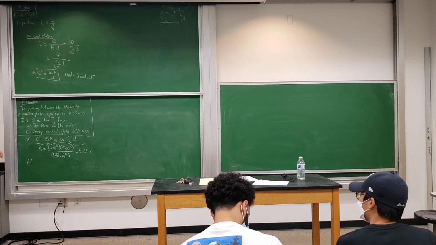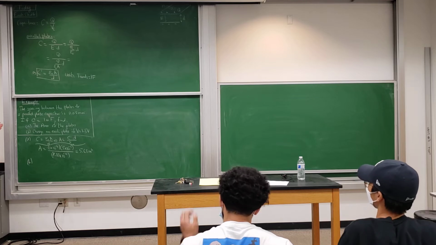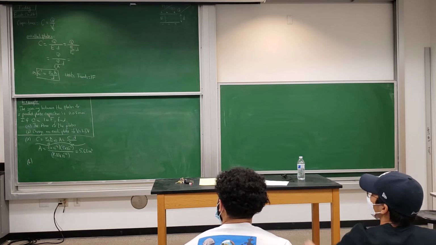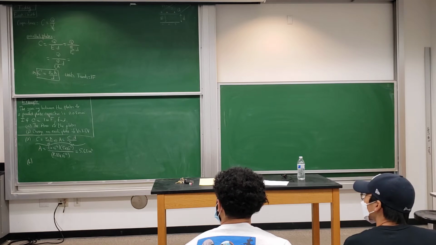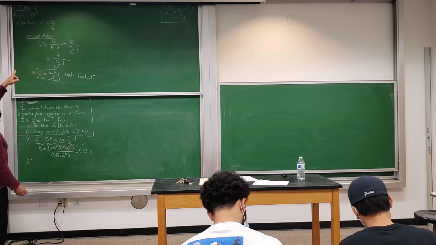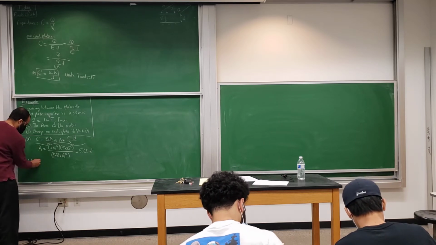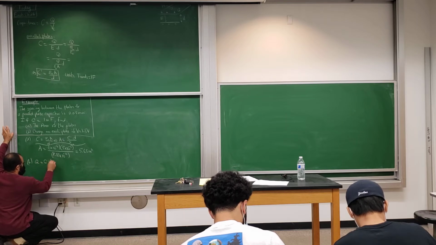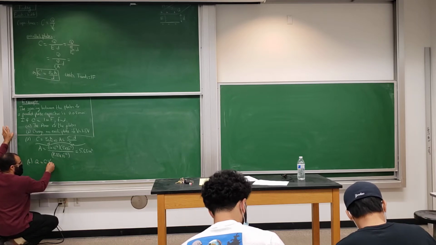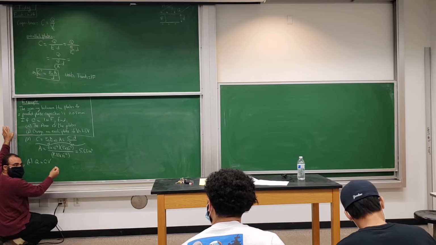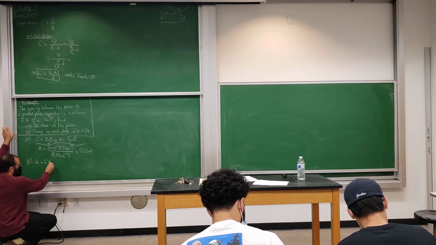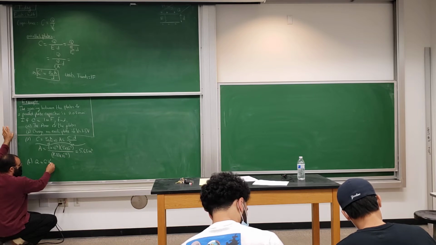All right, so let's do it. I have capacitance, so what should I do? Use the definition of capacitance: C is Q over V, so Q will be C times V. The book always uses delta V_C to mean the voltage difference across the parallel plate capacitor.